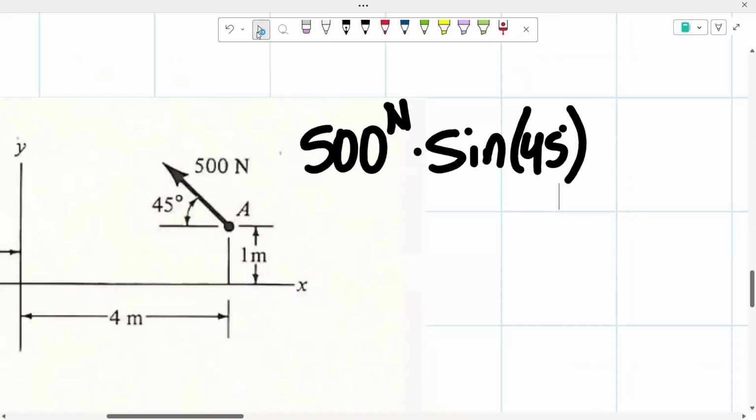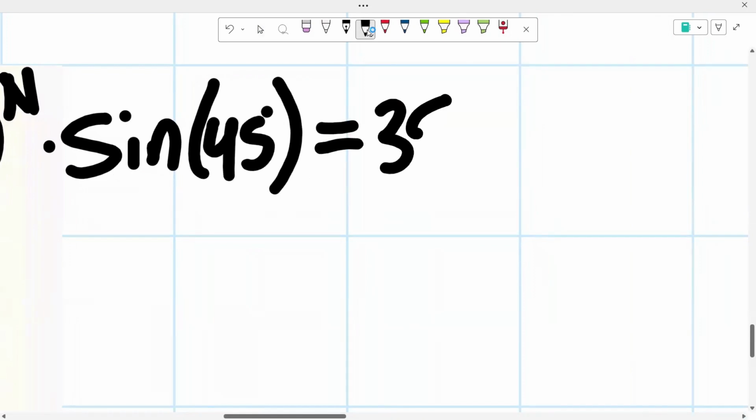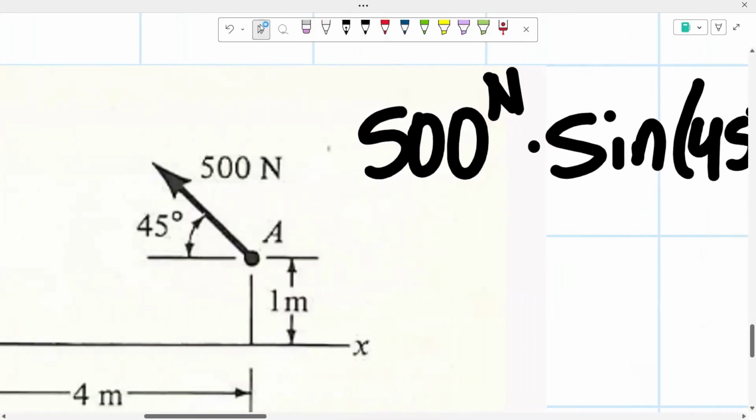So this is for our vertical force, and if we input that into our calculator, we would get 353.55 newtons.